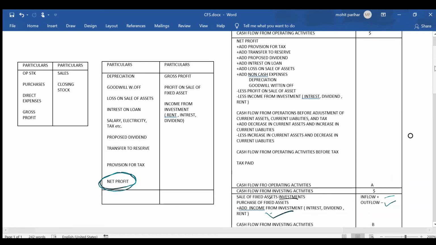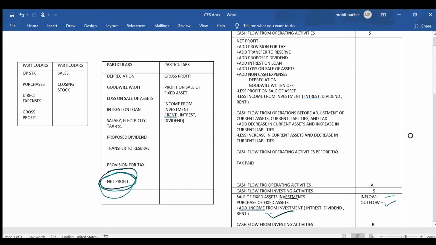We have to remove all the non-cash items, and all the items which are not a part of operating activities. They may be part of financing or investing activities. So therefore, we have to remove all these items to find out the cash generated from operations. Okay. This net profit does not represent the cash generated from operations.